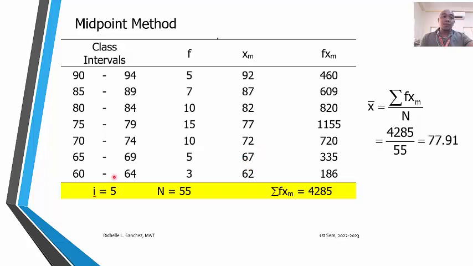If we know already the value of i, the size of the class interval, it's easy to construct the midpoint because all we have to do is add the class size going up.